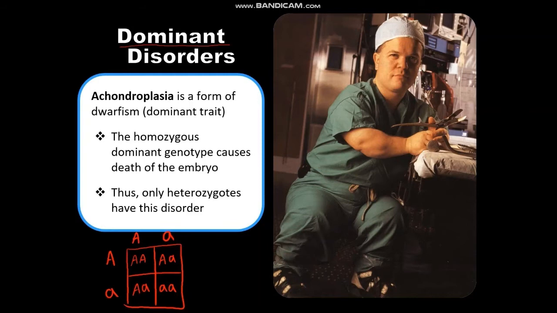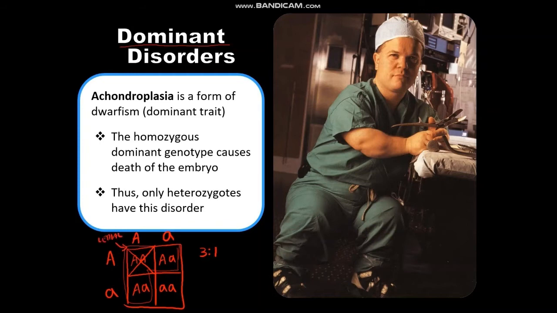Now, you would normally think, okay, that means that we must have a 3-to-1 phenotypic ratio, because we have three situations with this dominant allele and one without it, right? But that's actually not how it works with a lot of dominant disorders. As it turns out, if you are homozygous dominant for achondroplasia, that is a lethal combination.